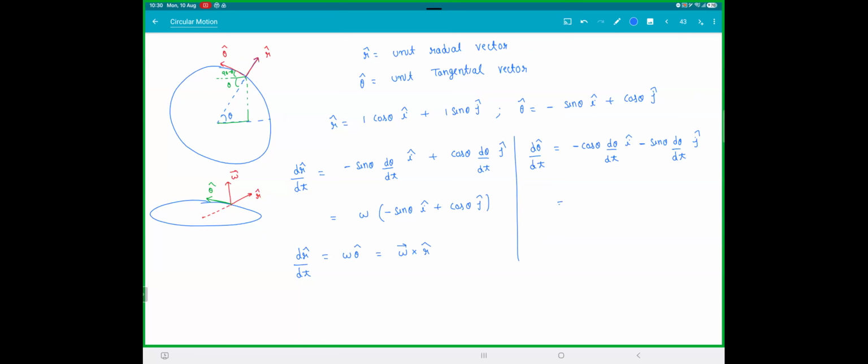And if you observe this, that becomes minus omega cos theta i cap sin theta j cap, which is minus omega r cap. This can be written interestingly in the direction of omega cross theta cap. If you do omega cross theta cap, you get minus r cap.